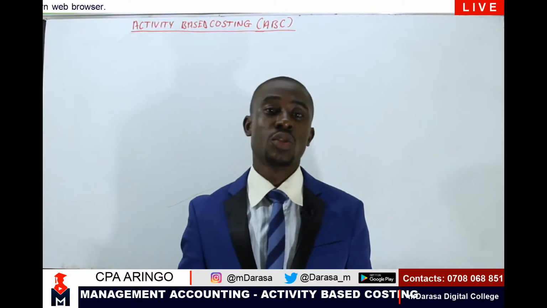So, looking at activity-based costing, what is the first thing that you must always do? Ideally, this is one of the methods that we normally use to allocate our overheads. Remember, whenever we look at allocation of overheads, there are so many methods that we normally talk about.